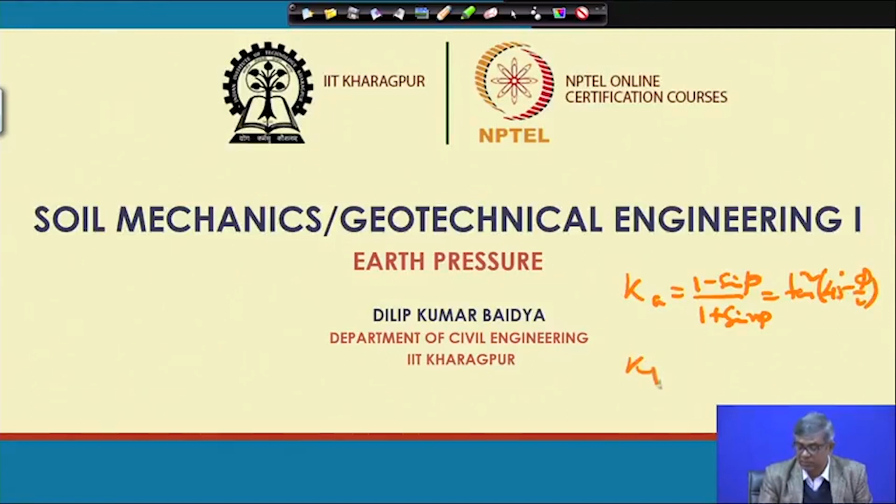Similarly, Kp equals (1 plus sin phi) by (1 minus sin phi), and the corresponding tan expression is also similar.